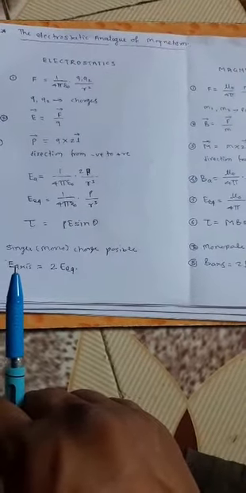Today we are going to discuss the electrostatic analog of magnetism. Means we can study magnetism with the help of electrostatics.